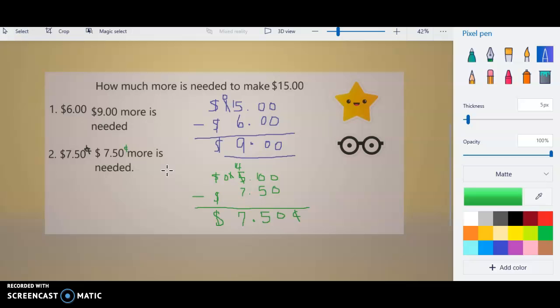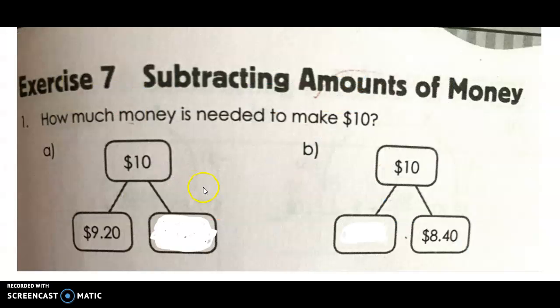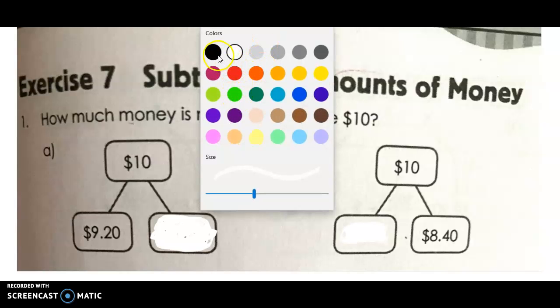Okay, so let's take a look at another example, and this one will be in your book, right? It says, how much money is needed to make $10? Our goal is that we want to make $10. Currently, we have $9.20. So how much more do I need to make that $10?